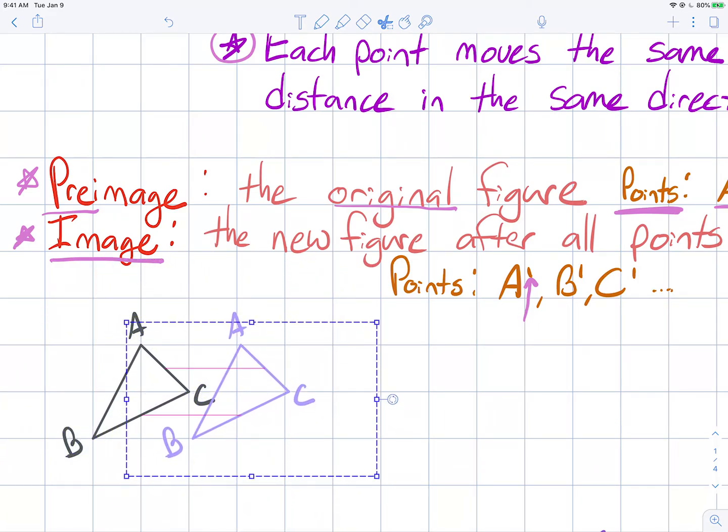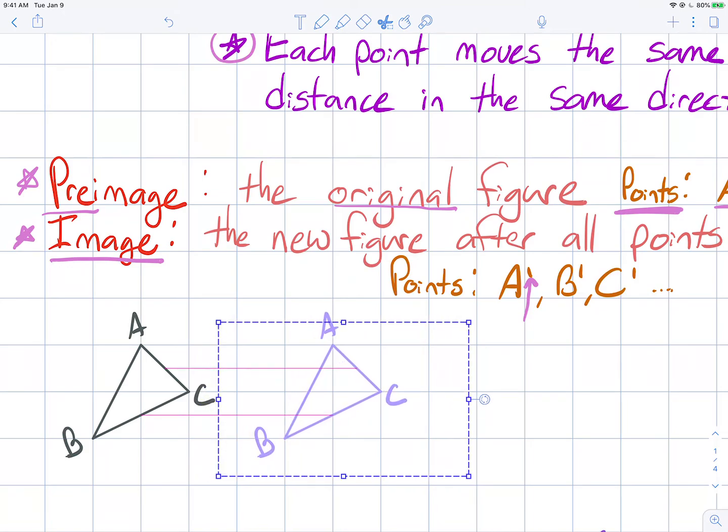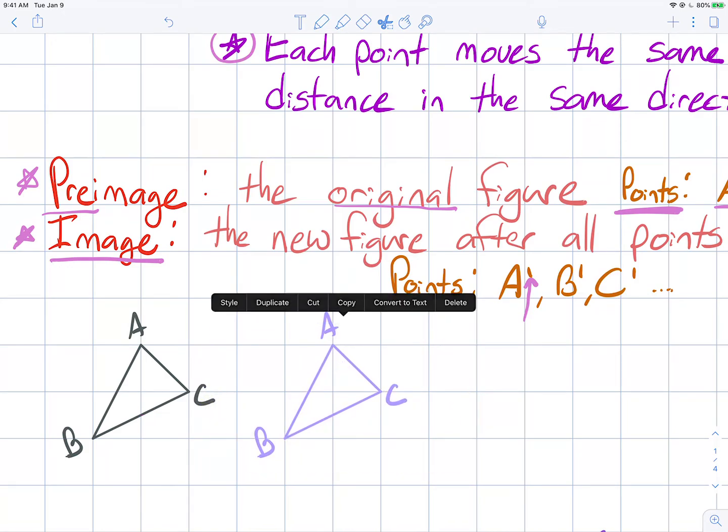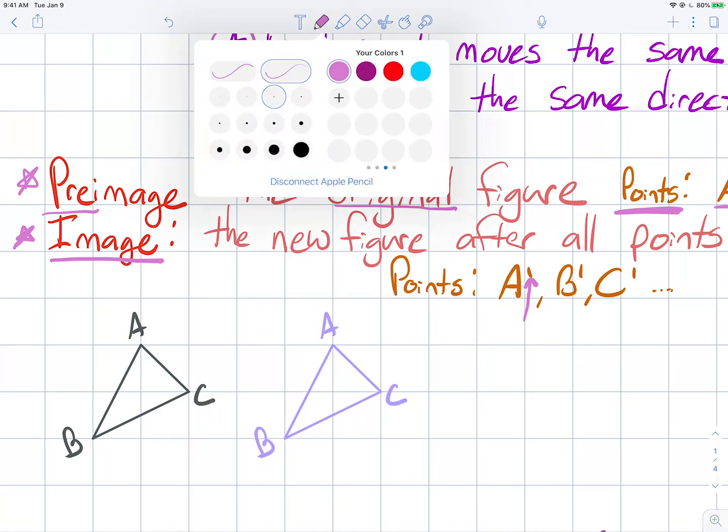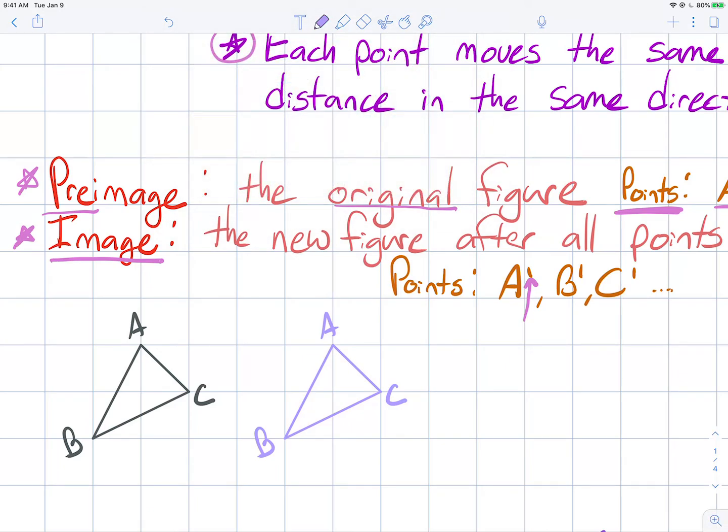So I'm not rotating it, I'm not making it larger, I'm just moving it over. Now, once it's moved over, I now need to change these points to be A prime, B prime, and C prime. Those prime notations tell you what's happened. It's gone from triangle ABC to triangle A prime, B prime, C prime.